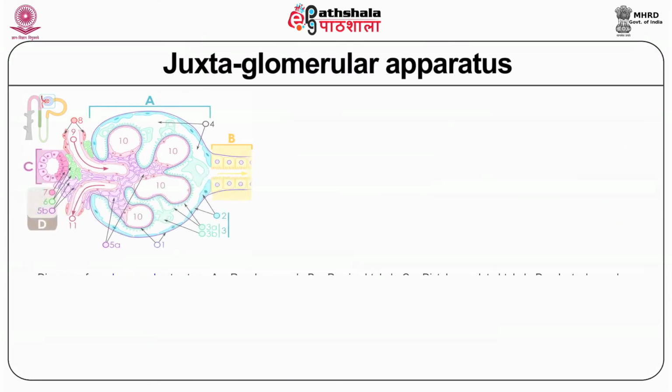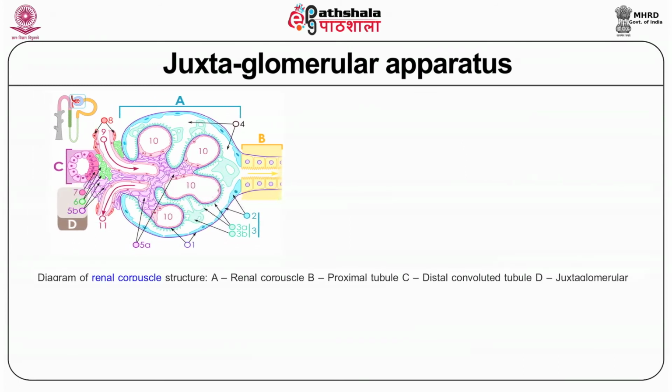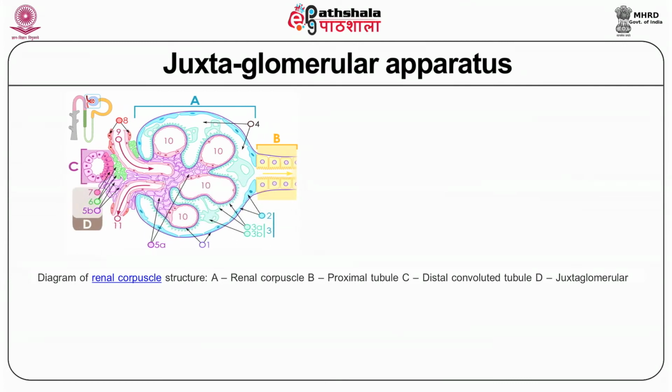The juxtaglomerular apparatus in the diagram shows the renal corpuscle structure.